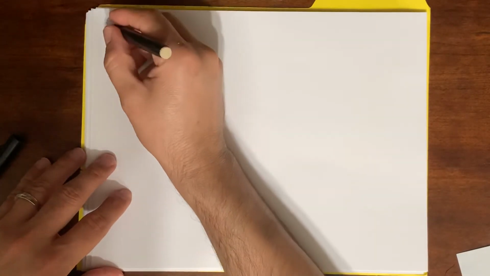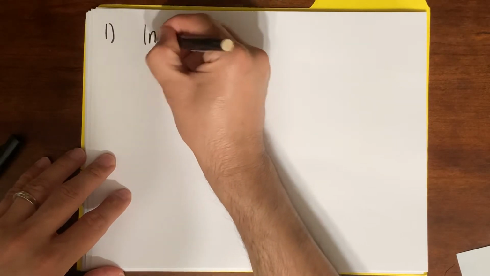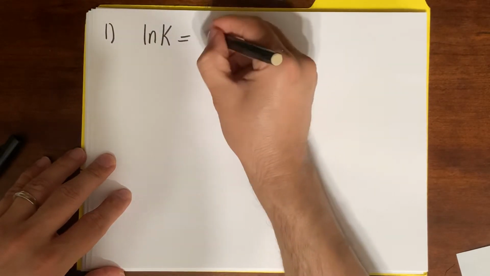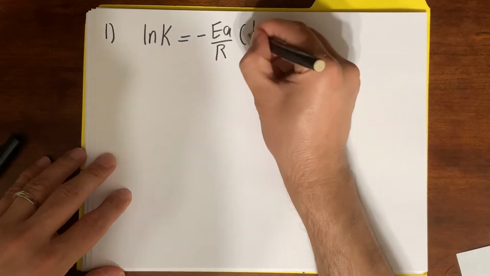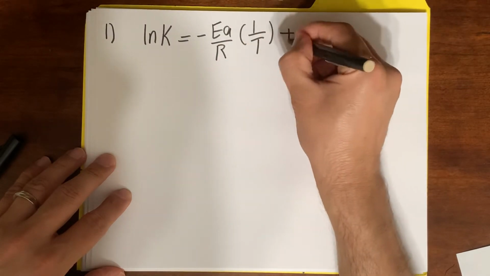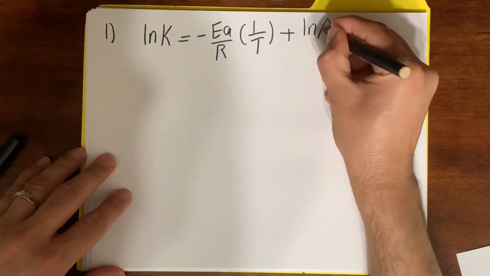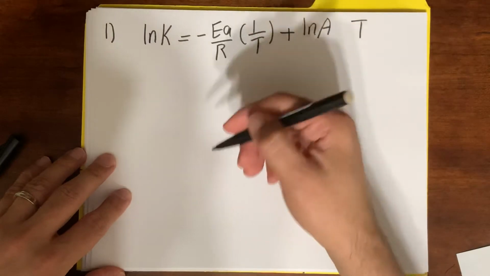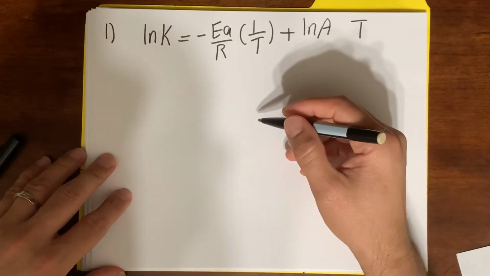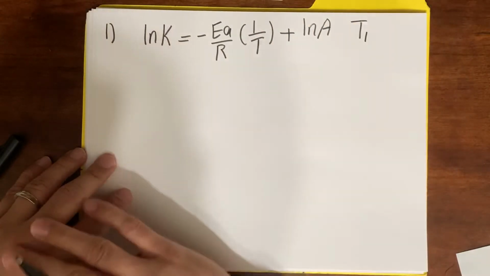Okay, so the formula that I practiced for you was ln of K equals minus EA over R multiplied by 1 over T, plus ln of A. In this case, we have the temperature at this T. Let's call it T1 for now.